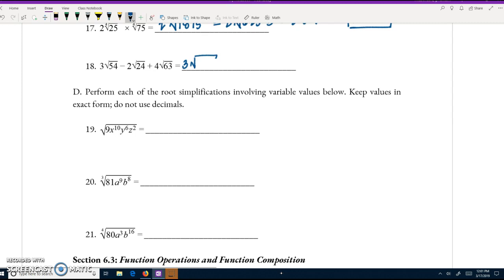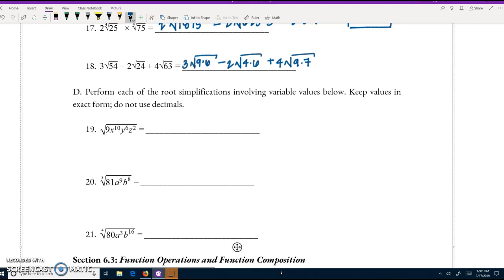And so if we check 54, 9 is going to be the root that works. So we'll have 9 times 6. And then for 24, 4 is going to be the operation that works. And then for 63, again, it's going to be 9 that works. So 9 times 7.